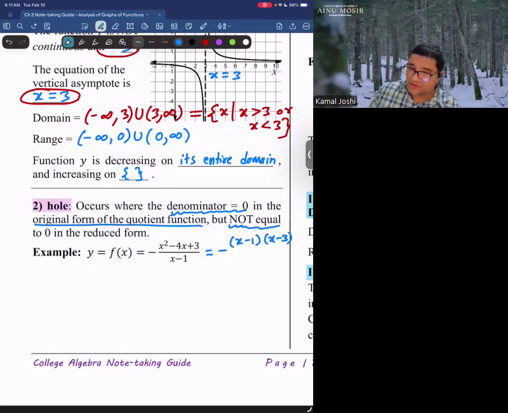Okay, so x squared minus 4x plus 3 is x minus 1 times x minus 3, over x minus 1. You cancel that.